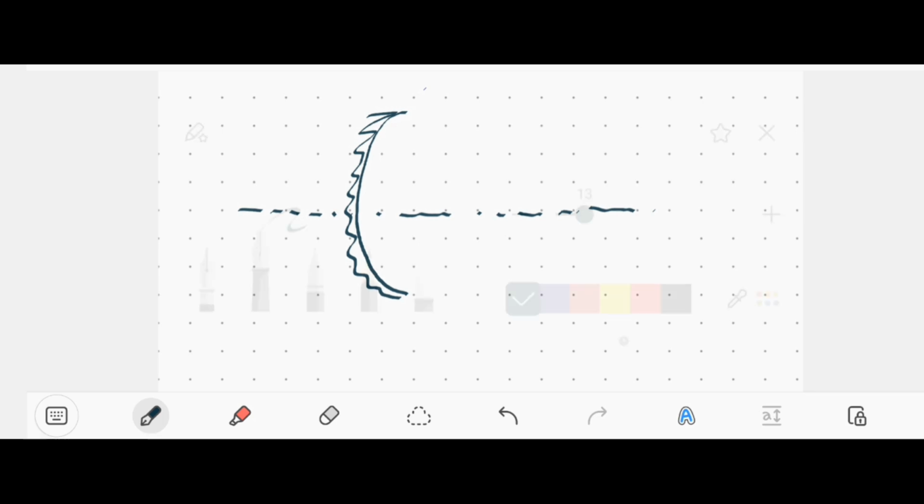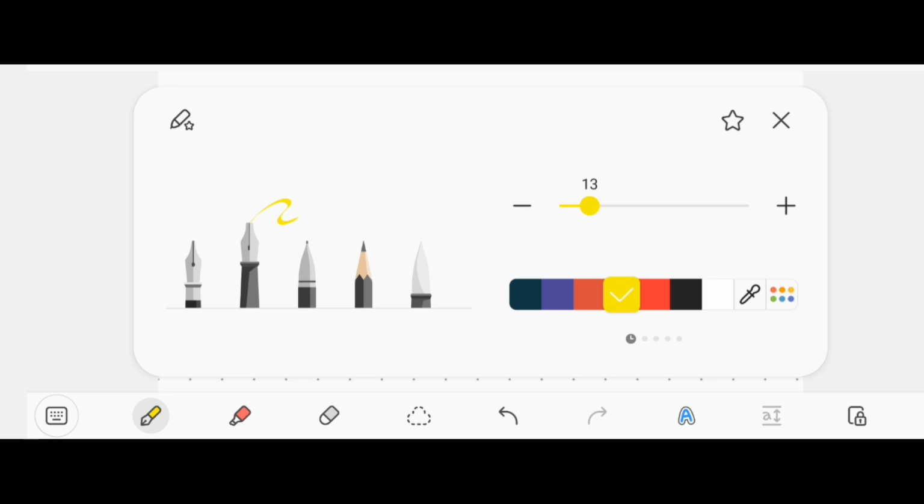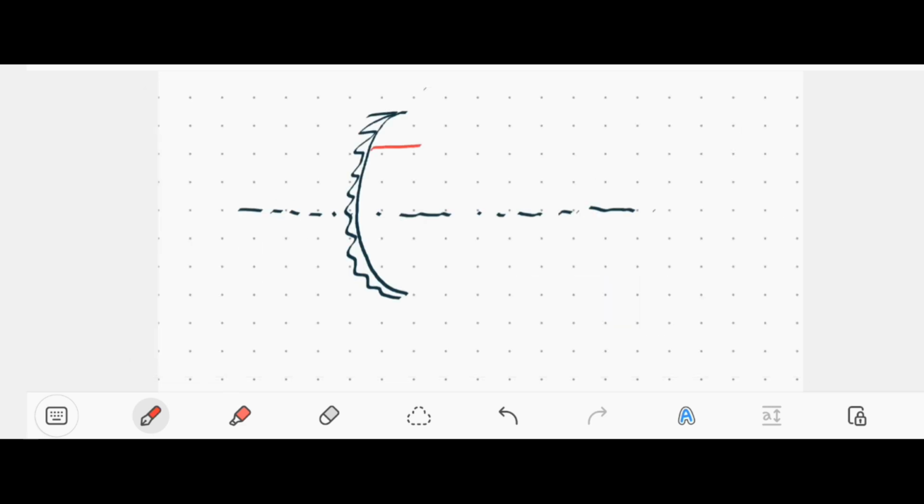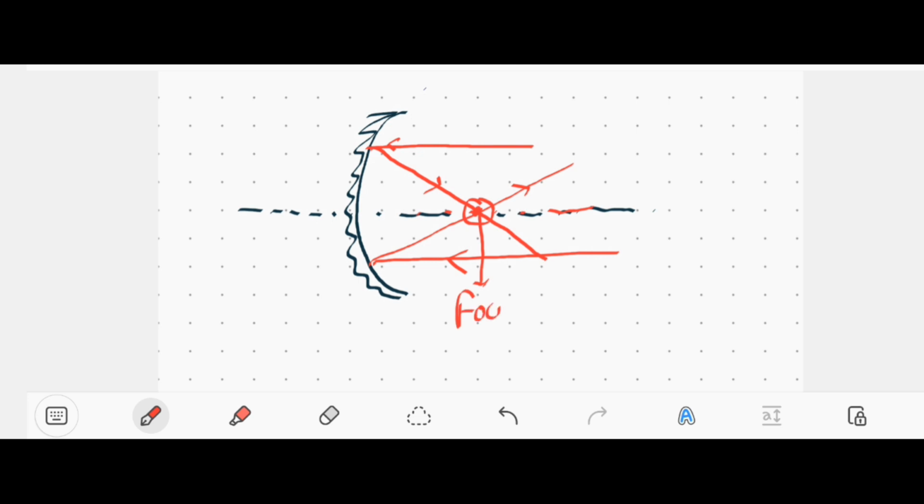If we send any light ray parallel to this line, the rays get collected through a point. Taking another light ray, the same thing happens: the light rays pass through one point after reflecting, and this point is known as the focus of the spherical mirror.